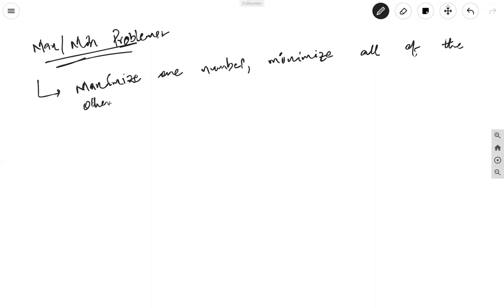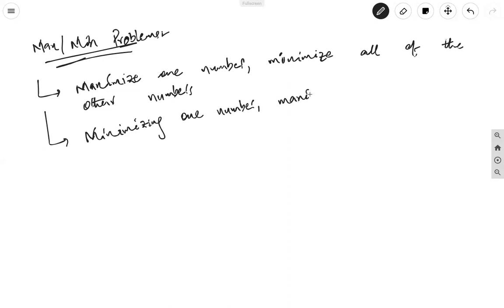All of the numbers. And likewise, if the question is about minimizing one number, then we need to maximize all of the other numbers.